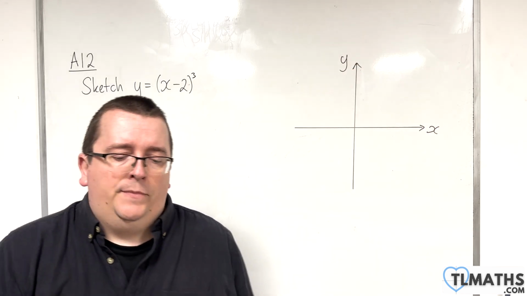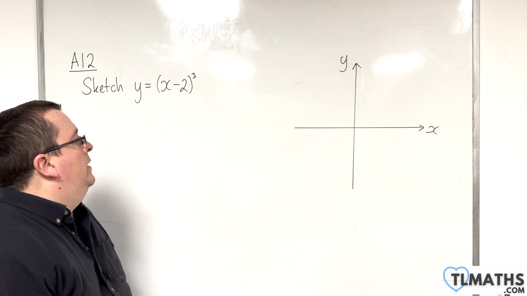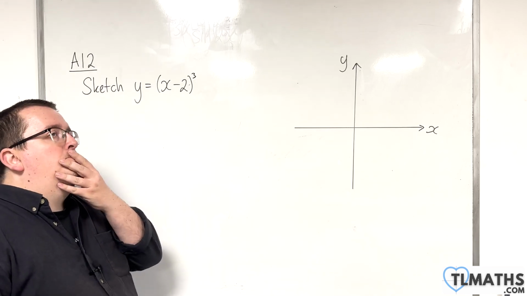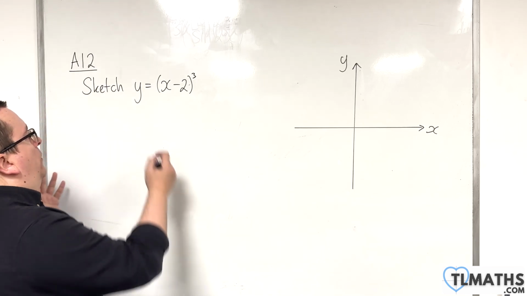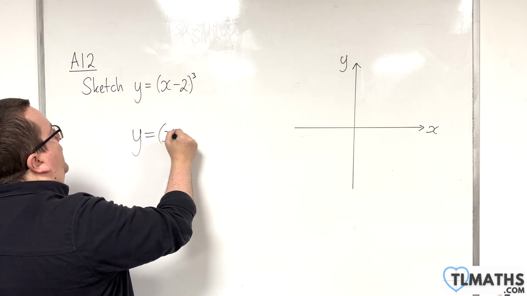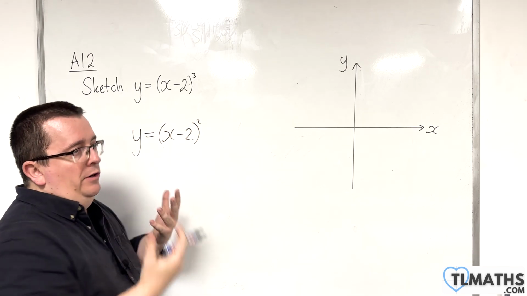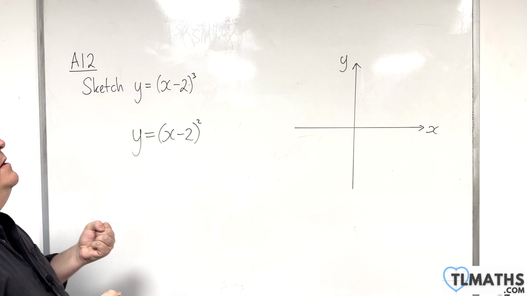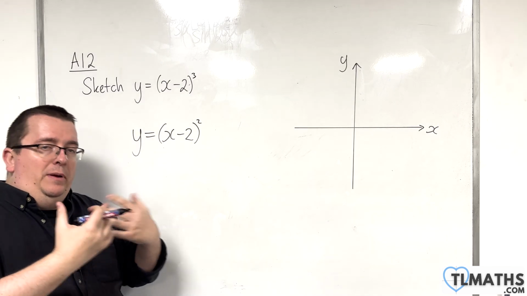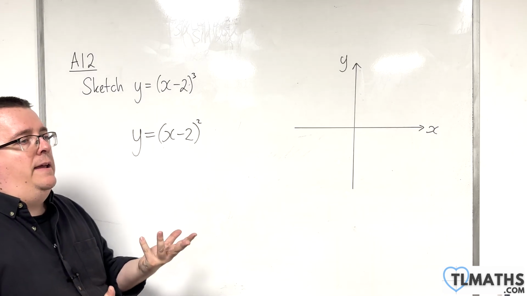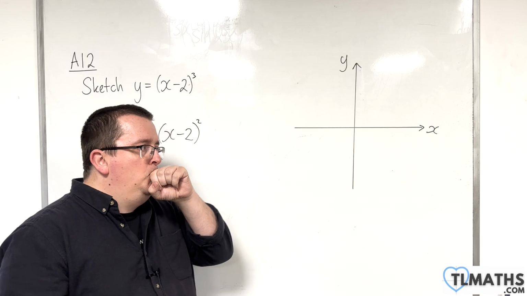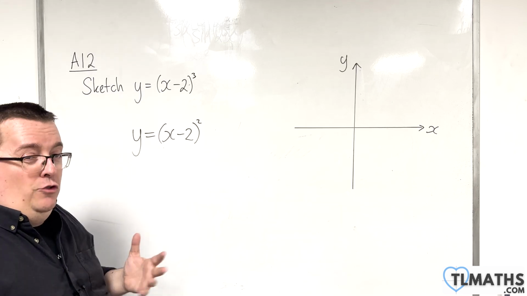Now, if we think about what y equals (x − 2) squared would look like, then this is in completed square form. You could also think about it as being in factorised form as well.